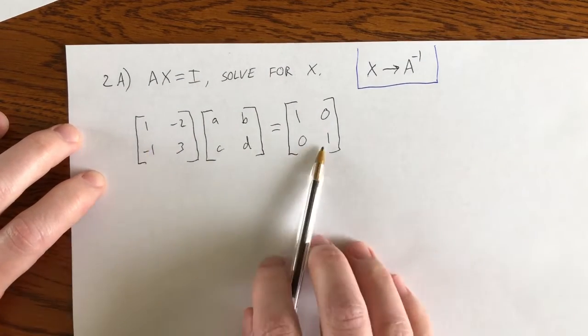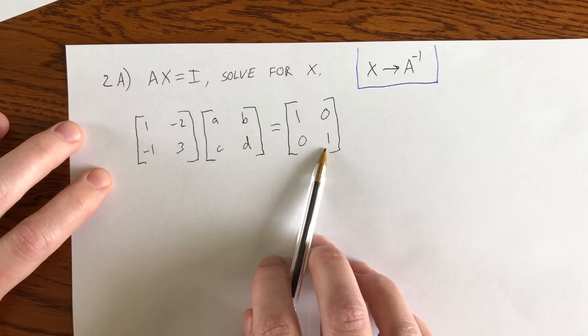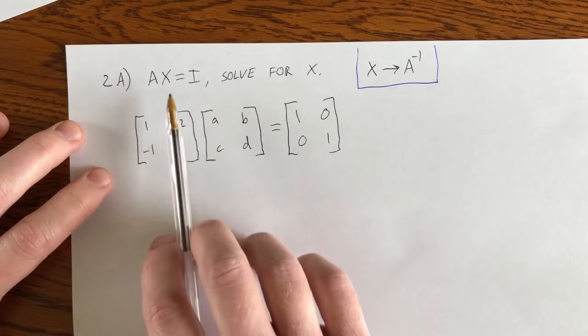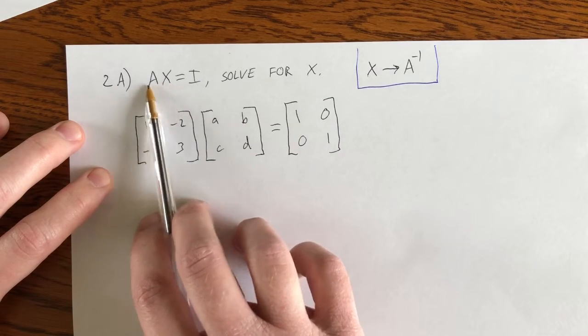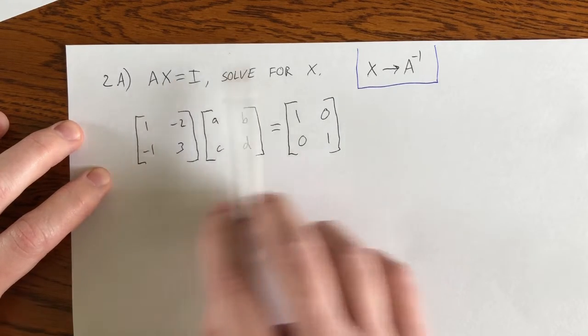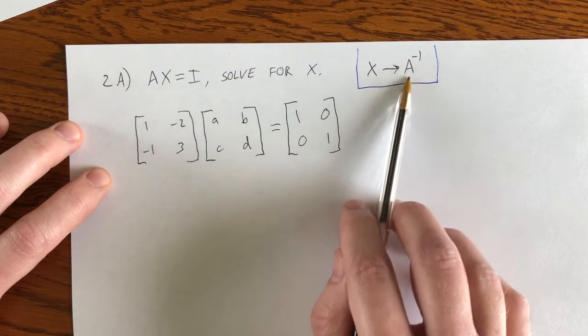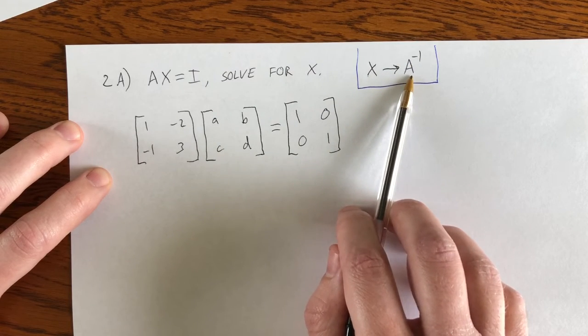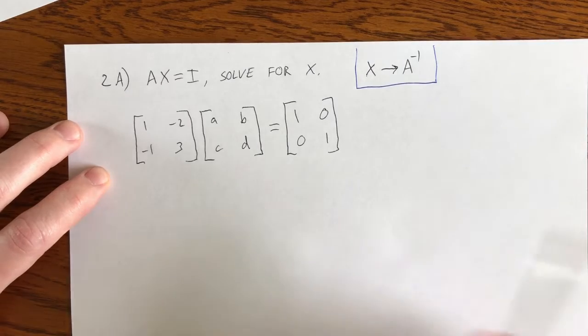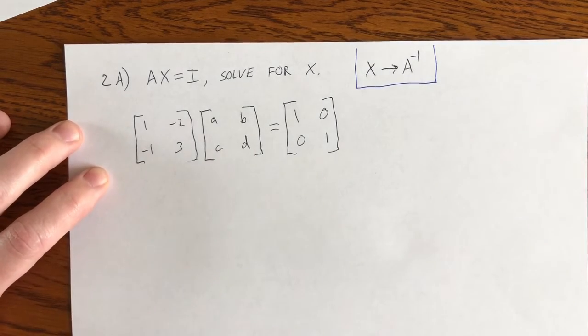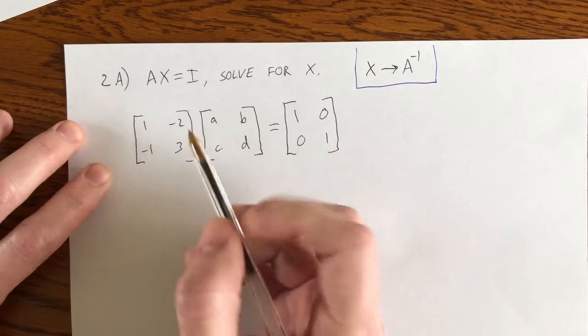We've looked at an example just like this in the previous section. Understand that X, if this equation is true, X must be the same as A inverse. We just talked about that in the previous example.